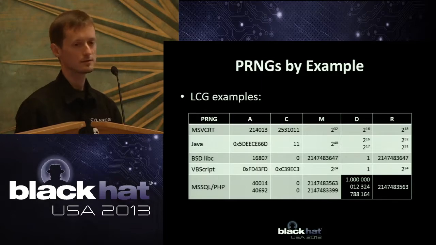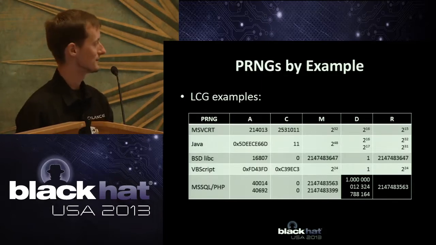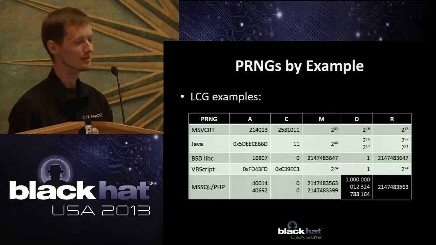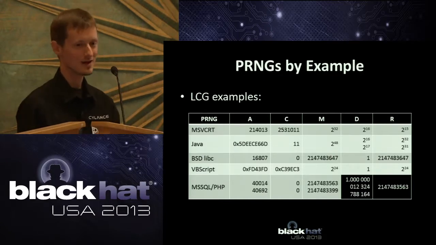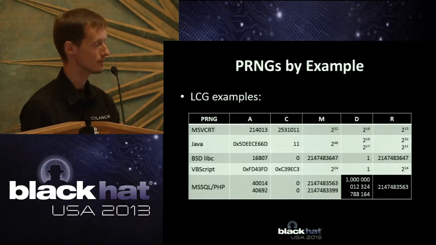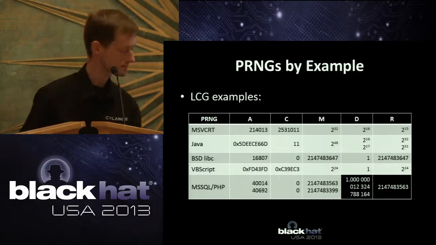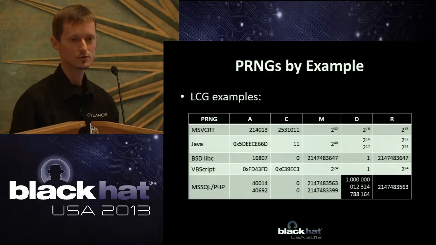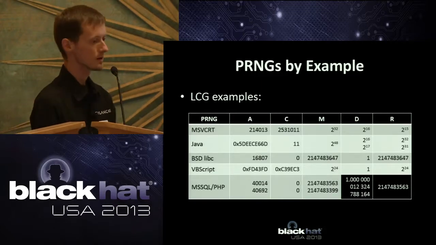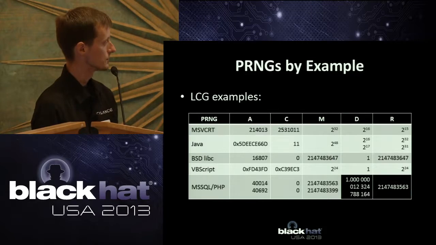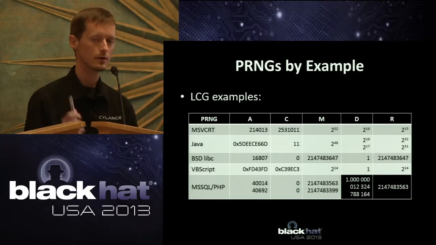VBScript is, it's a joke. They have a 24-bit internal state. I mean, you could brute force that even without any attacks, but we have attacks anyways. And VBScript is, of course, also used in ASP and stuff. And then finally, we got the Microsoft SQL Server PRNG, which is also used by PHP, but only, I think, in their session ID generation.